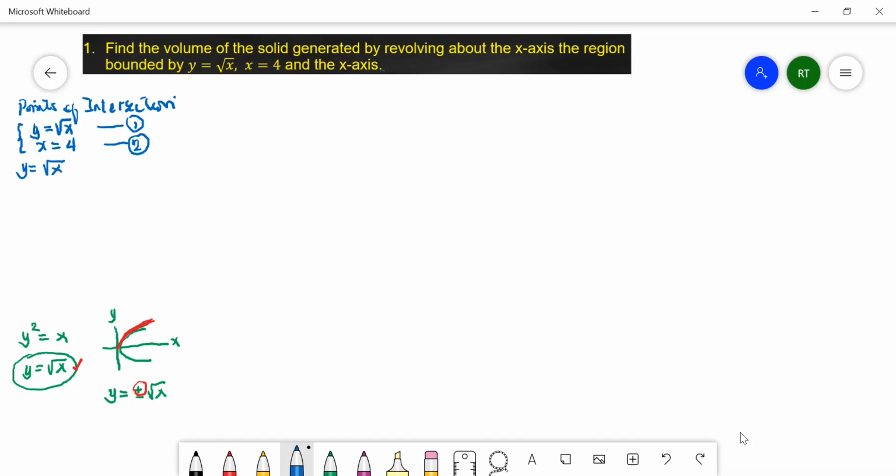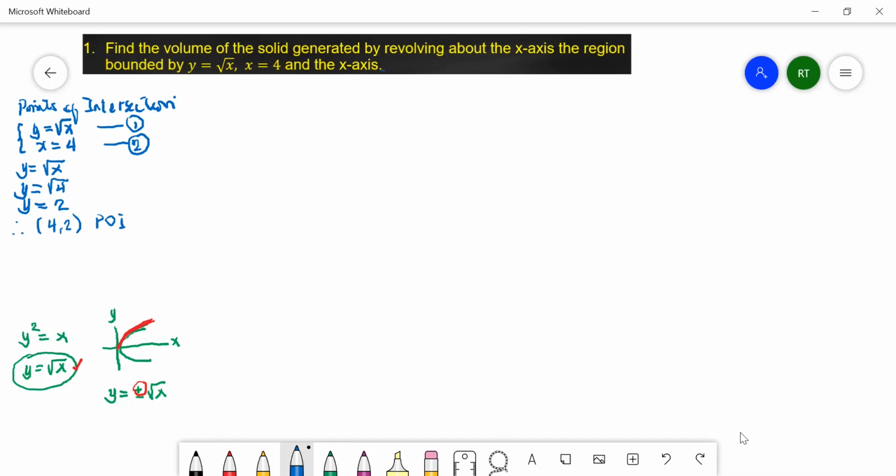Considering the first equation, we can substitute x is equal to 4 in equation number 1, so that it will give us y is equal to square root of 4, and square root of 4 of course is 2. So we have a point of intersection at (4, 2). This is the point of intersection.